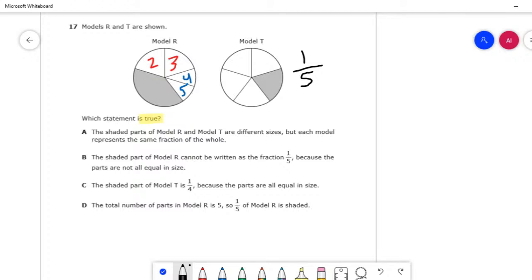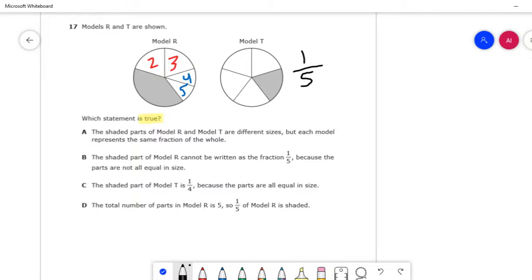As we can see, the shaded part of model R is a lot larger than the shaded part on model T, just looking at it. So we know they're different sizes, but we also do know that they do not represent the same fraction of the whole.